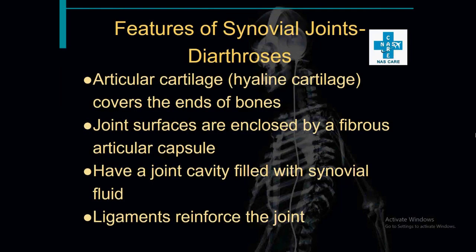Features of synovial joints, diarthrosis: articular cartilage, where hyaline cartilage covers the ends of the bones. Joint surfaces are enclosed by a fibrous articular capsule, have a joint cavity filled with synovial fluid, and ligaments reinforce the joint.